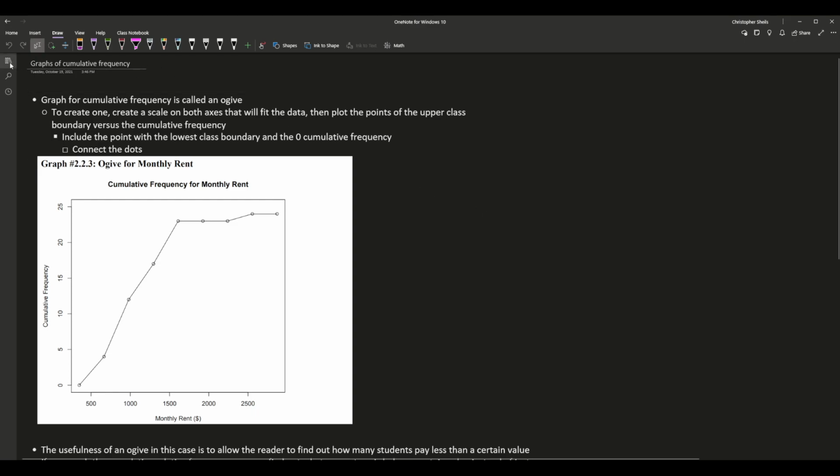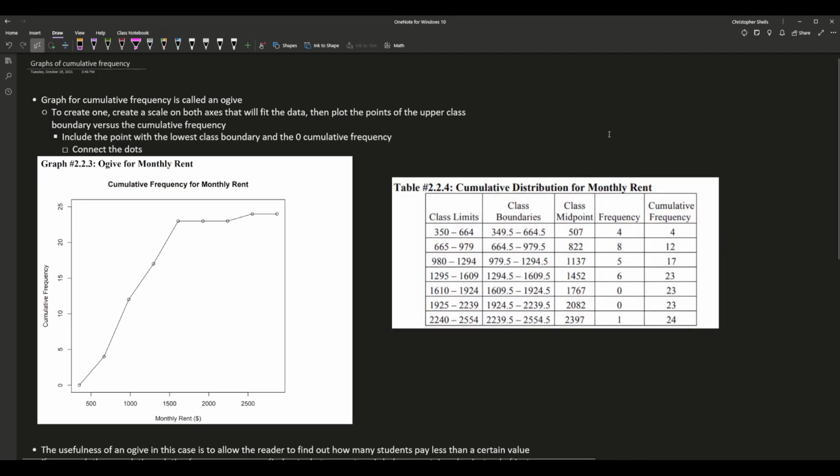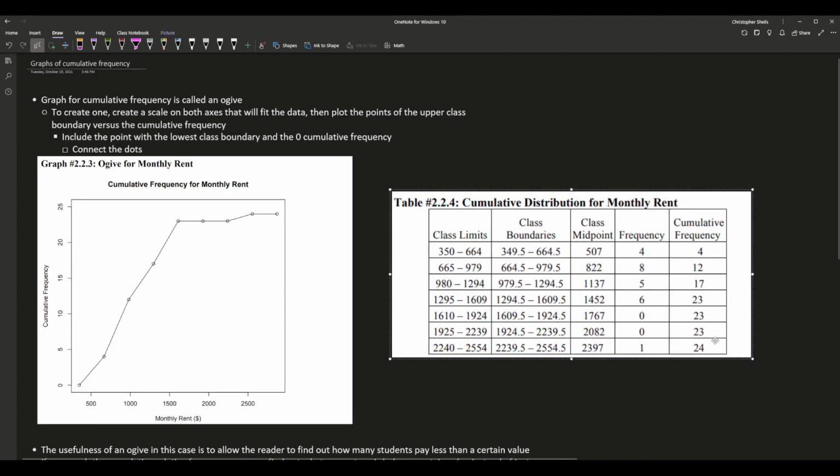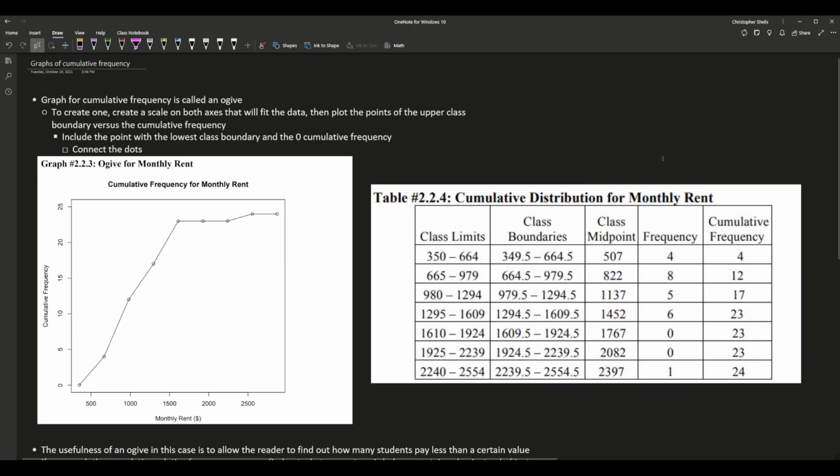So all we did here was take this exact graph, and we have points on the x-axis that are the upper class boundaries. So on the x-axis here, we have 664.5.